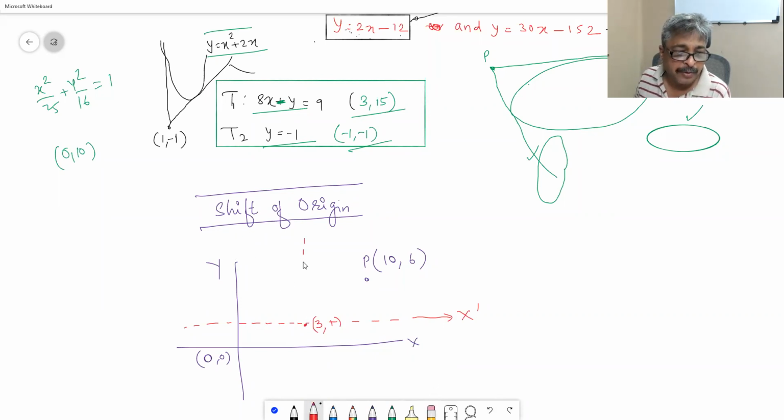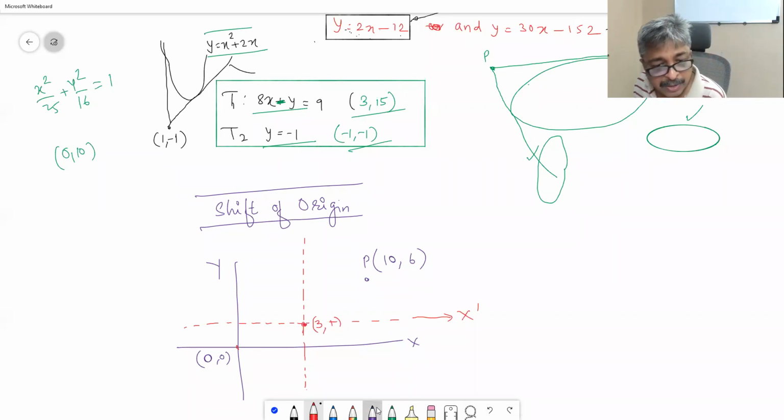Y dash is here. Again parallel to the original. I am not rotating, I am keeping the axes parallel, but instead of the origin here, I say the origin is here now. The old coordinates of the point where the new origin is, are 3, 1.